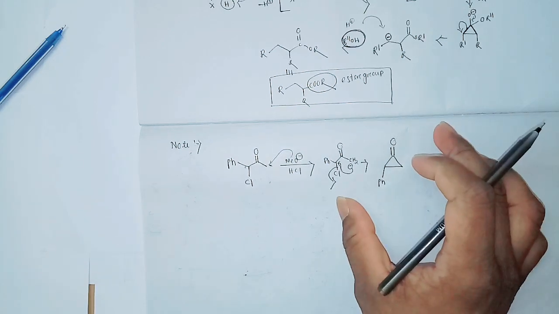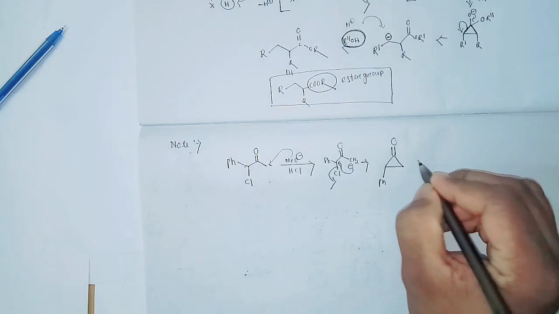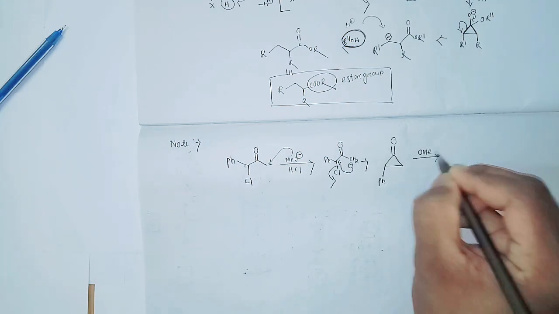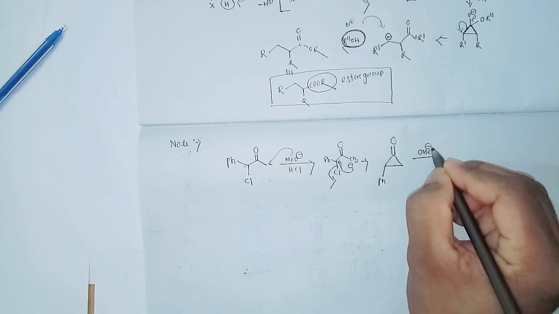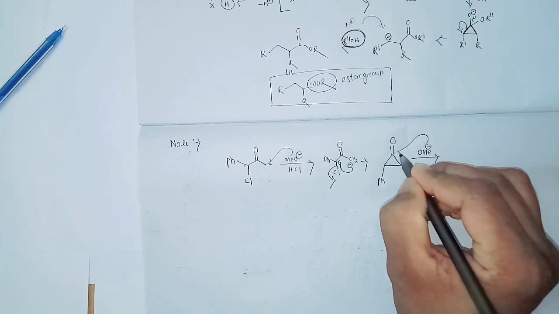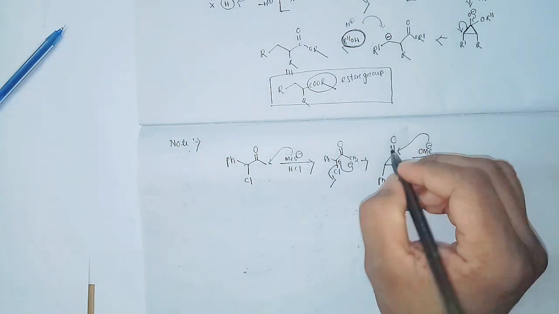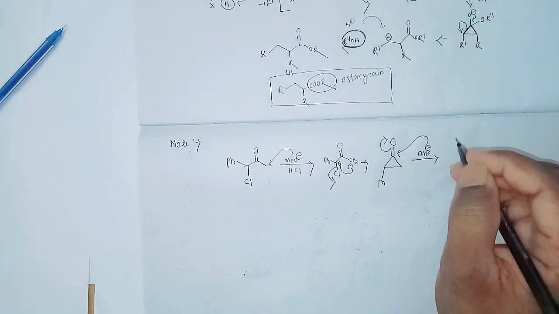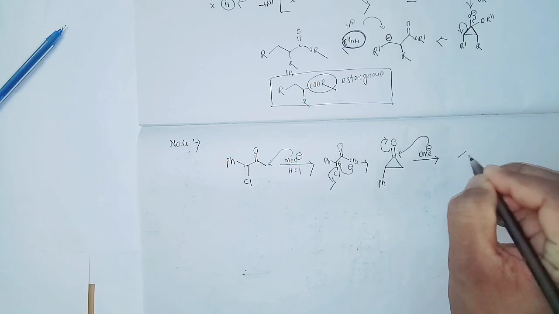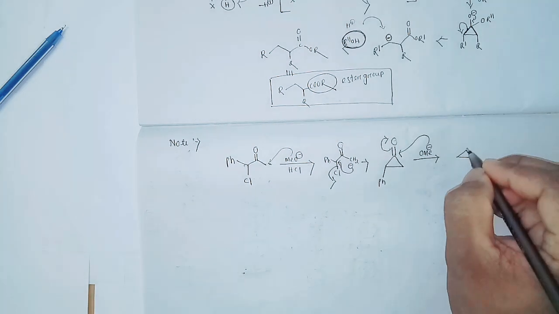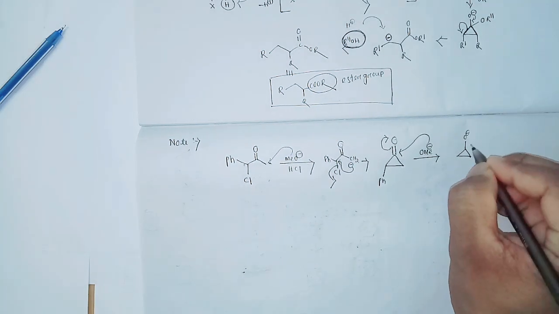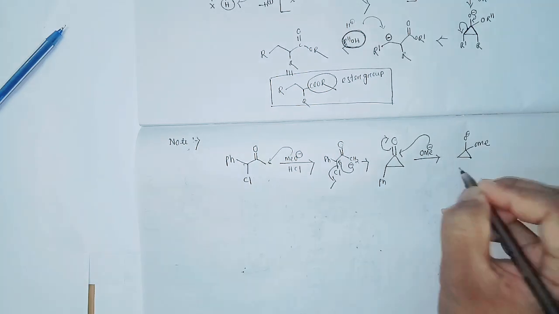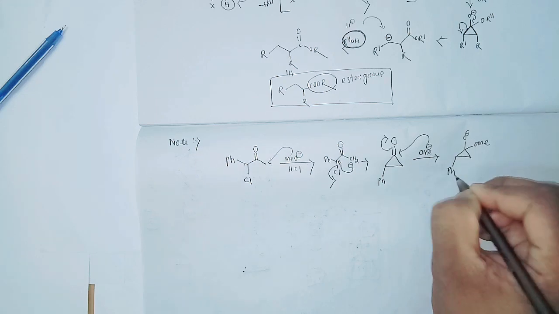Okay, so in this case we have an OMe group in our solution. This will attack this electrophilic center, then this bond shifts towards oxygen. So we will have O negative and OMe, and this is the phenyl group.